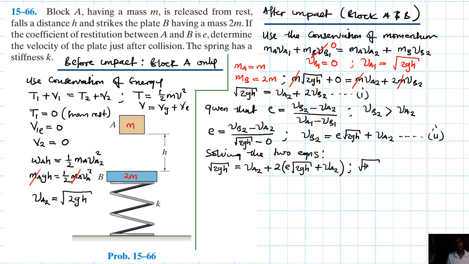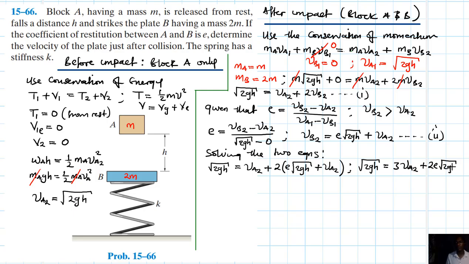Solving this, this and this add up, which just becomes 3 v_A2, and then we are saying plus 2e.